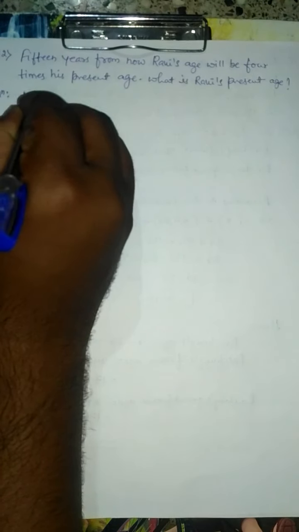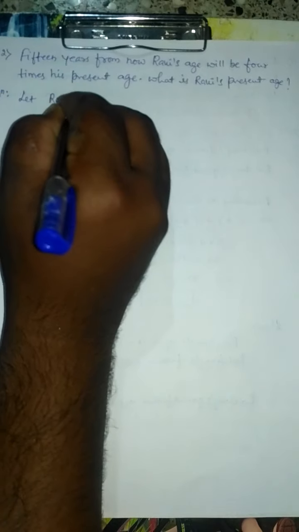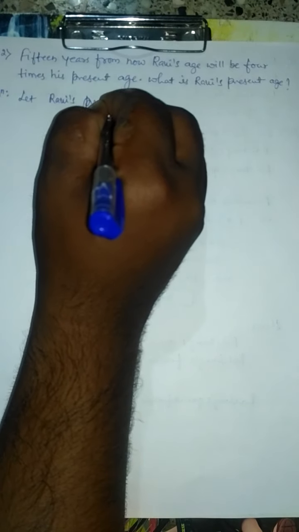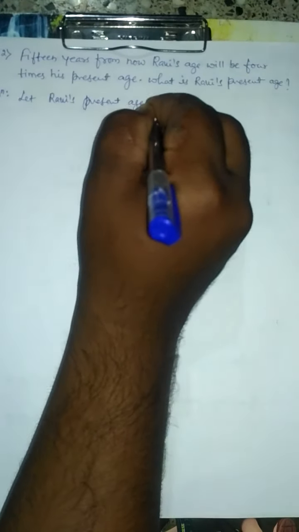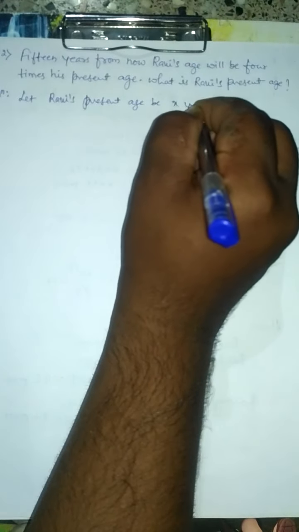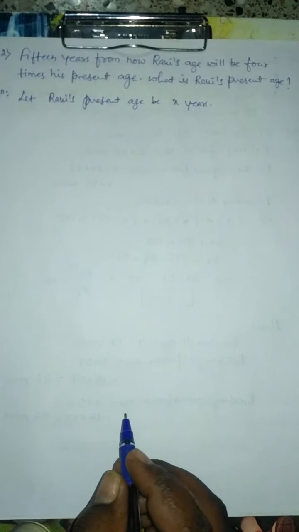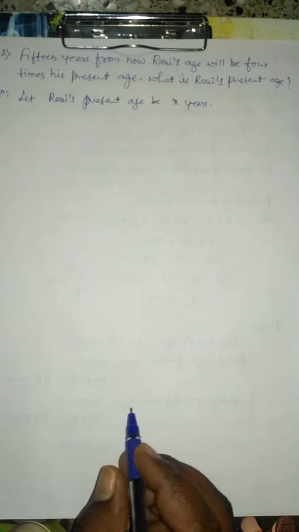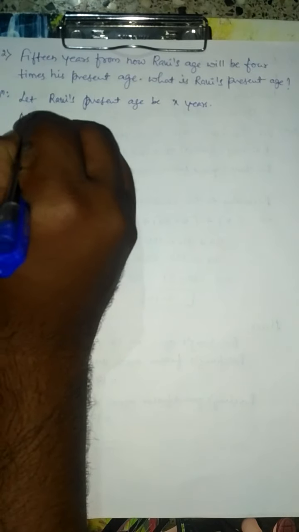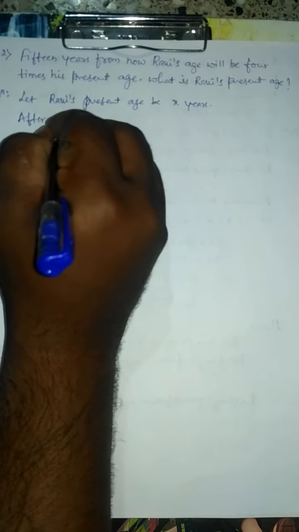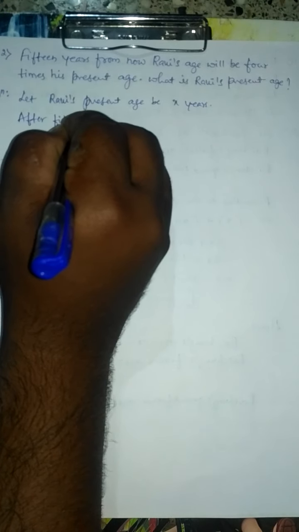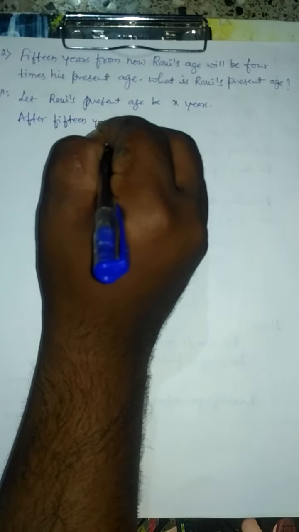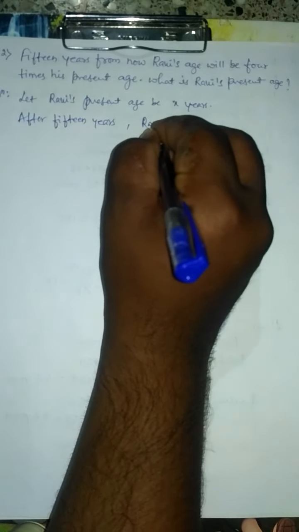So let Ravi's present age be x years. After 15 years, what happens?